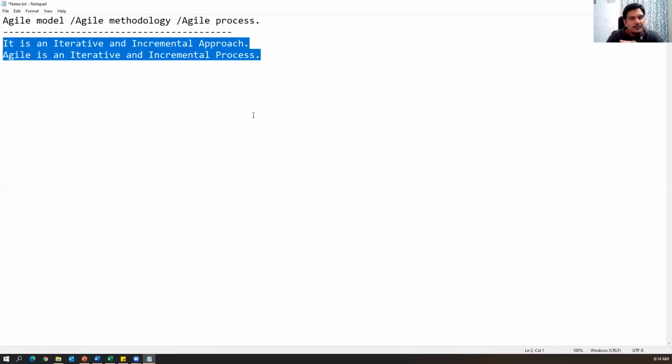But in the Agile process, we will not deliver 100 features as one single software to the customer. We don't want the customer to wait a long time until we complete development and testing. In Agile we mainly follow two principles.